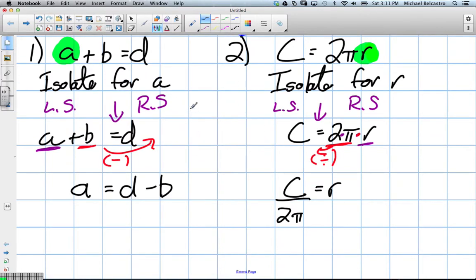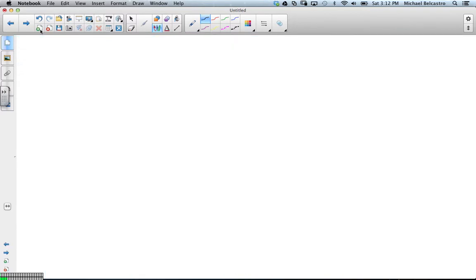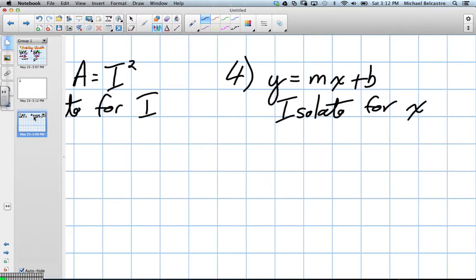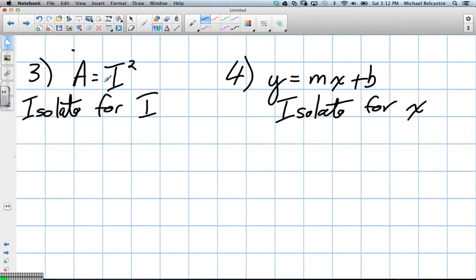That's pretty straightforward. Let's move to another page. Here you go, next question. A equals I squared, and they want us to isolate for I. Now, this is a little trickier. Again, A is on the left side, I is on the right. We want to keep the I by itself, but we have a squared, a power of 2, here.